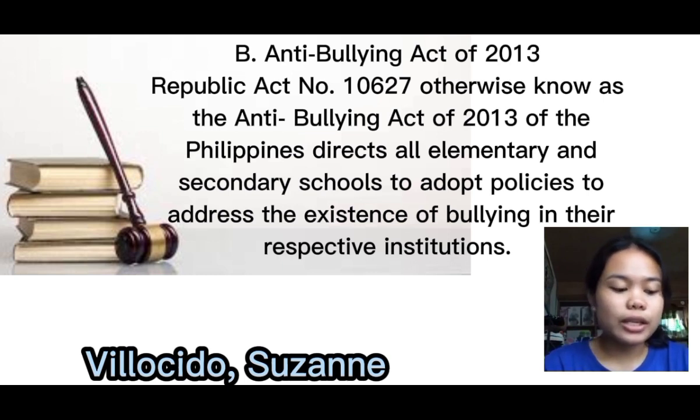So the last one is Republic Act 10175. This is known as the Cybercrime Prevention Act of 2012, declaring a policy that states that the state recognizes the vital role of information and communication industries such as content production, telecommunications, broadcasting, electronic commerce, and data processing in the nation's overall social and economic development.